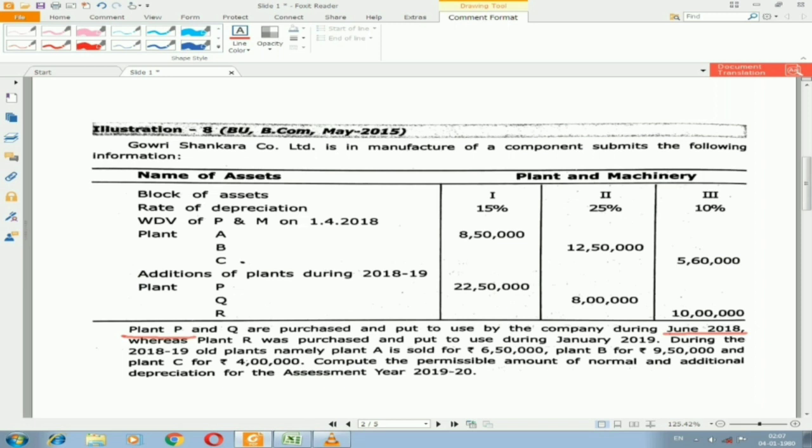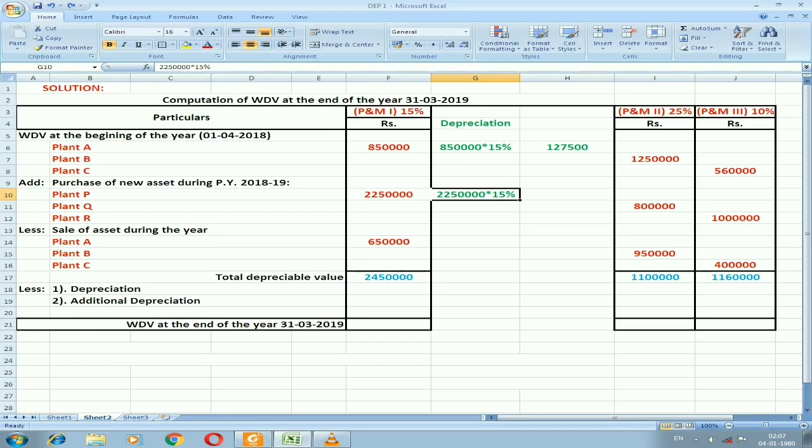From that day to the closing year, if you find the number of days, it will be more than 180 days. One more simple trick you can use: check whether this June 2018 is after Gandhi Jayanti. It is not after Gandhi Jayanti, that is 2nd October. So now we can easily say it is more than 180 days.